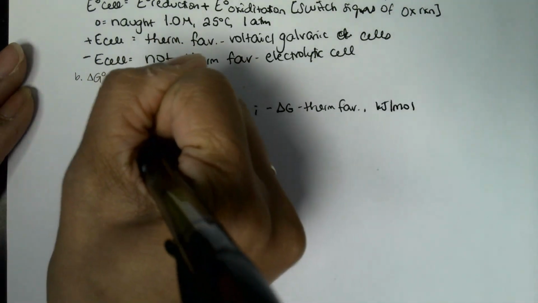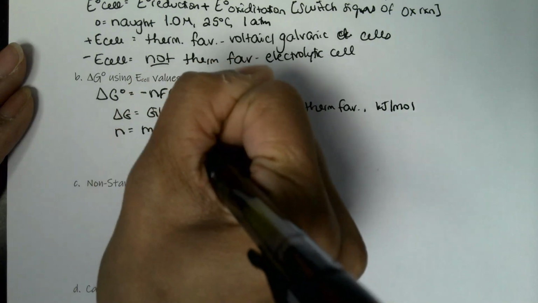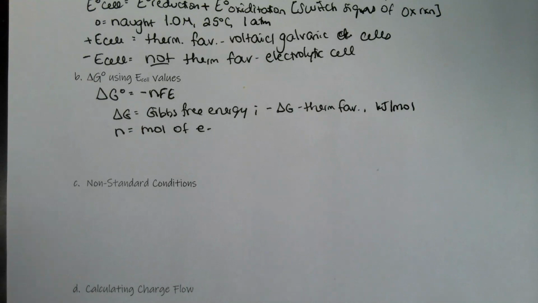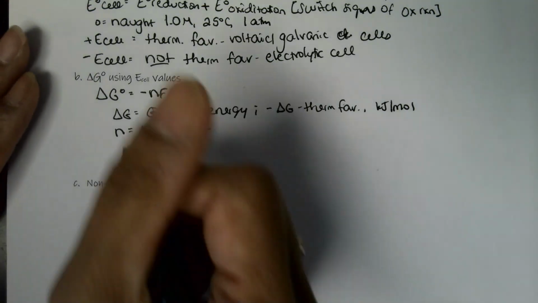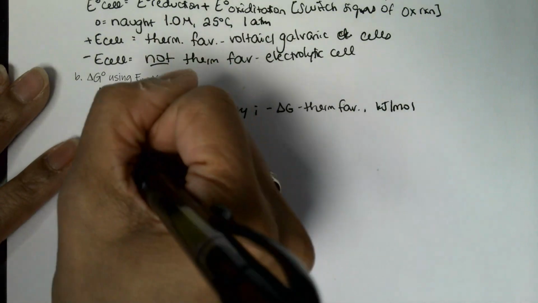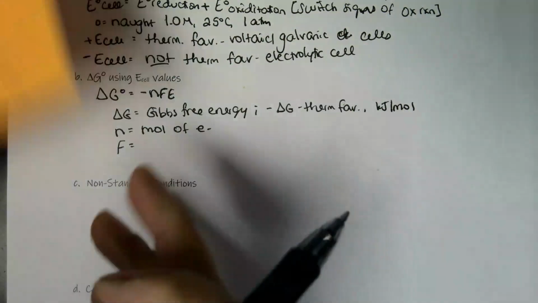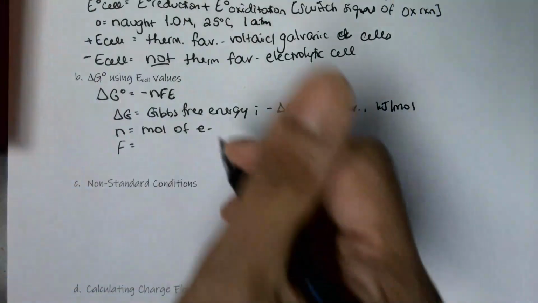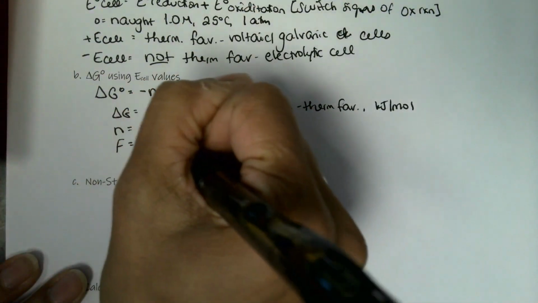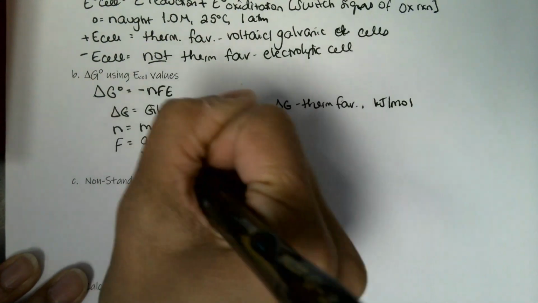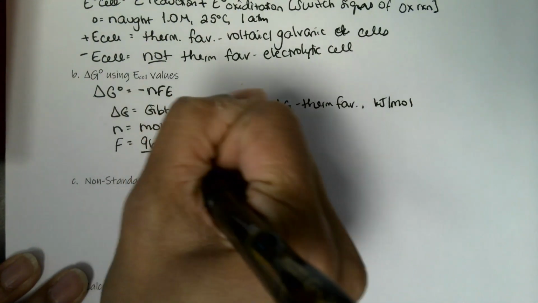Then we have n, which is the moles of electrons. All of this deals with how electrons are going from one side to the other, and we want to make sure we show that with the moles of electrons. We have F, which is called Faraday's constant. Its value is 96,485 coulombs per 1 mole of electrons.